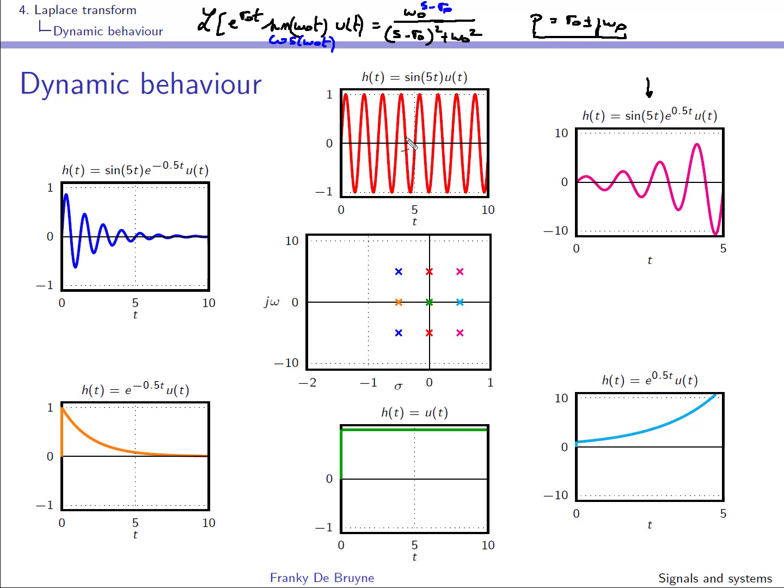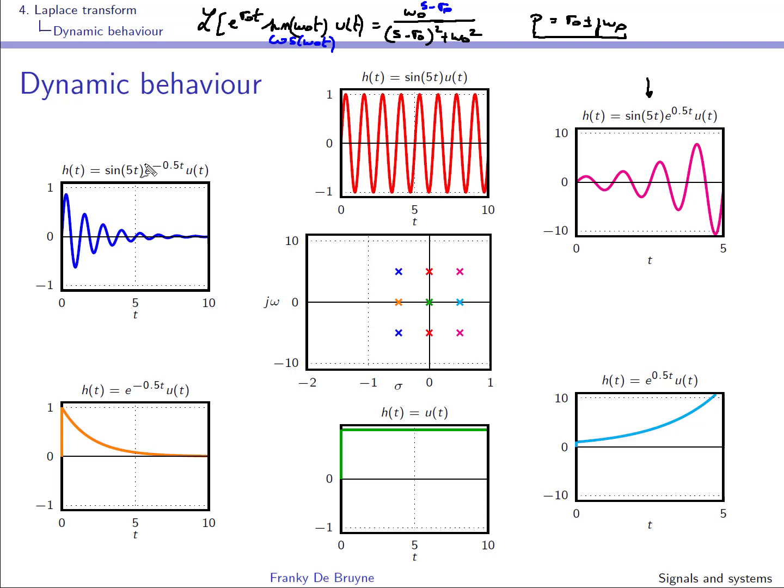Well, then you have, of course, a system which has an impulse response which is either a sine or a cosine, right? And if the complex conjugate poles have a negative real part, well, you have a decaying exponential that will be modulated by sine or cosine, depending on the zeros that you have.